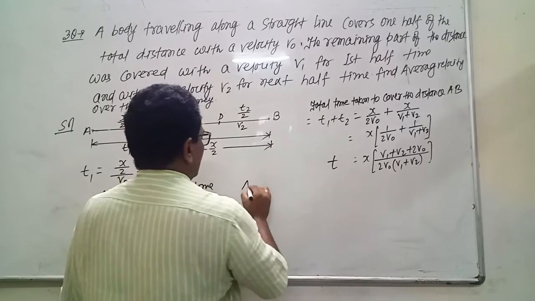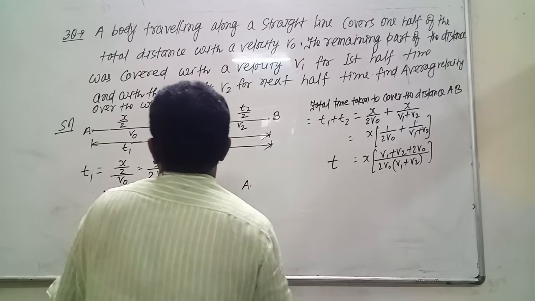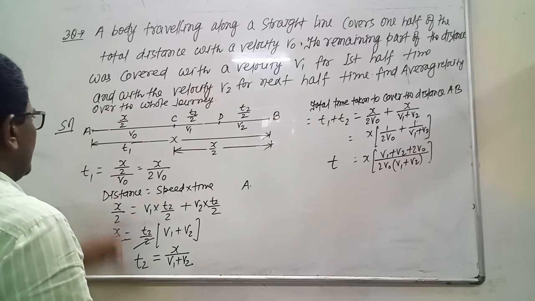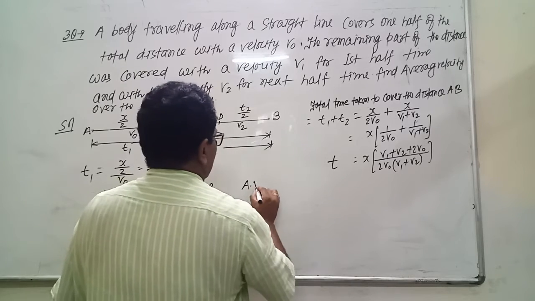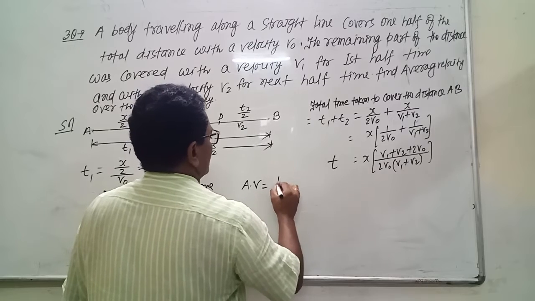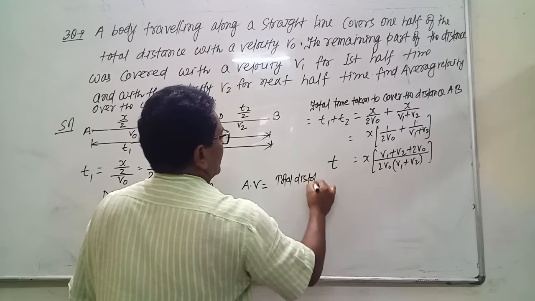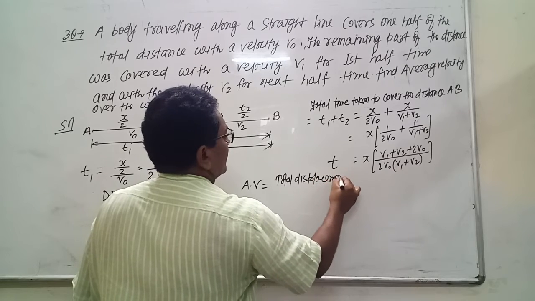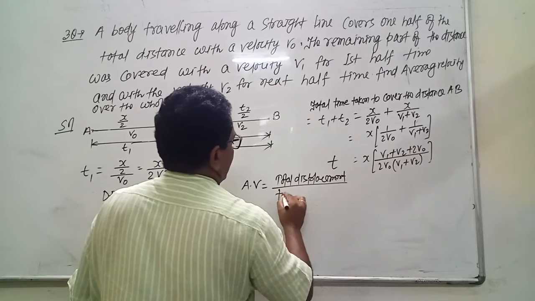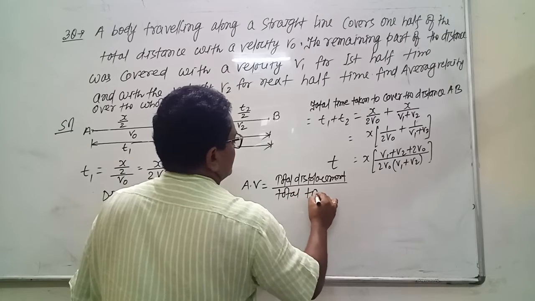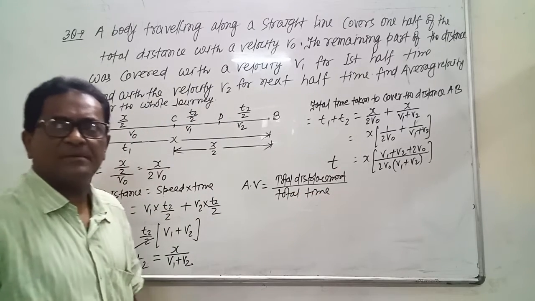Now the formula for average velocity. Average velocity for the whole journey equals total displacement upon total time. In this case, distance and displacement are both the same.